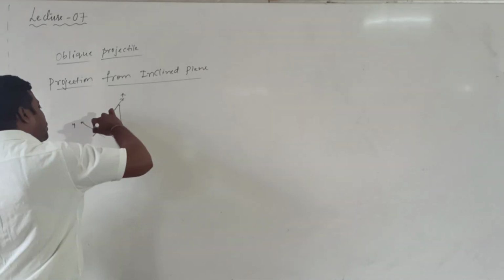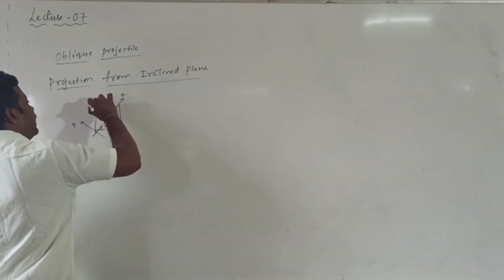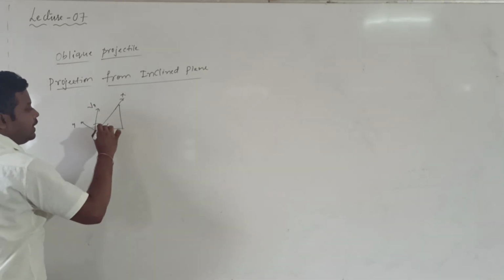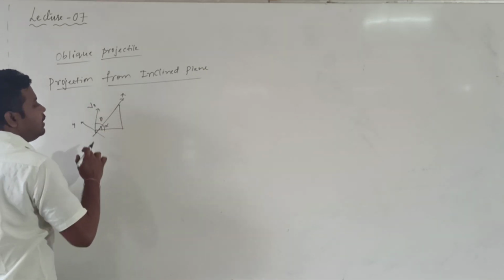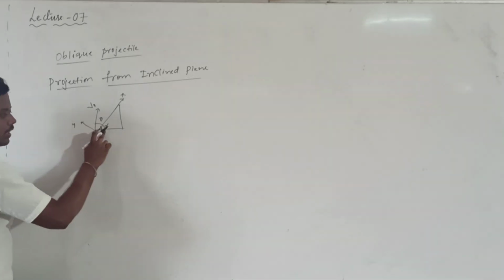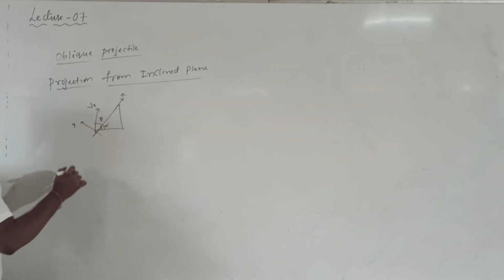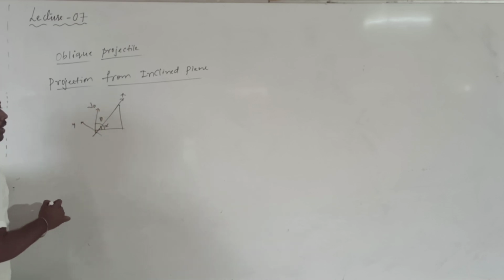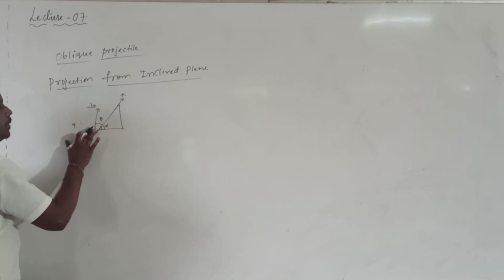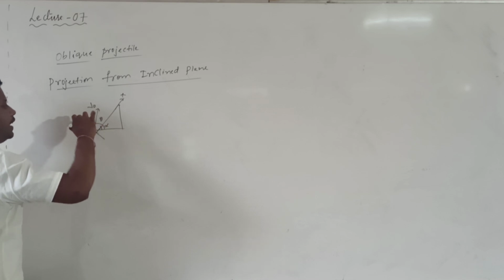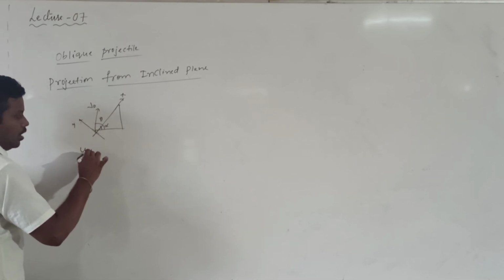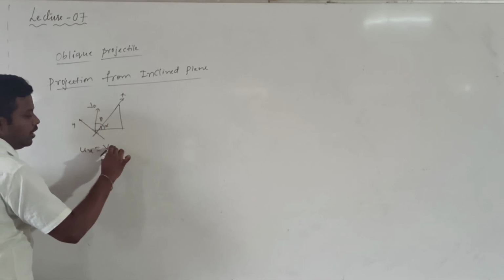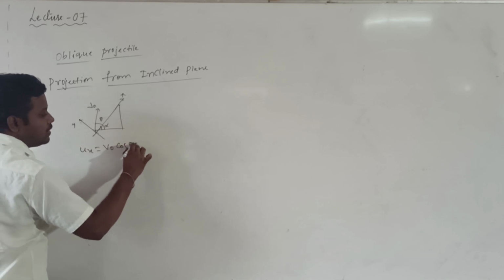Now let us consider a body projected with a velocity v0 making an angle theta. Theta is the angle made with the horizontal. Then what is the component of velocity along the x-axis? The velocity is v0. So ux will be given by v0 into cos of theta minus alpha.